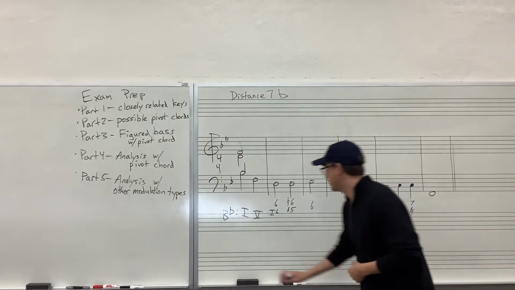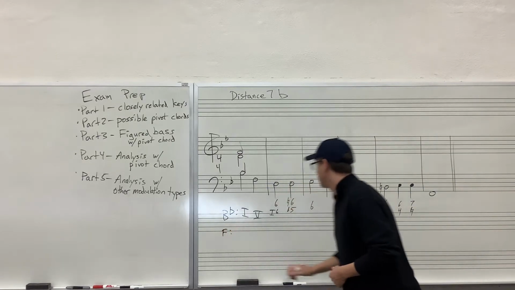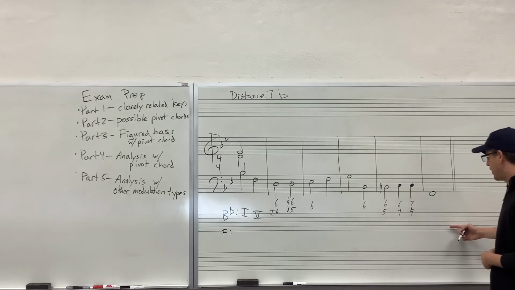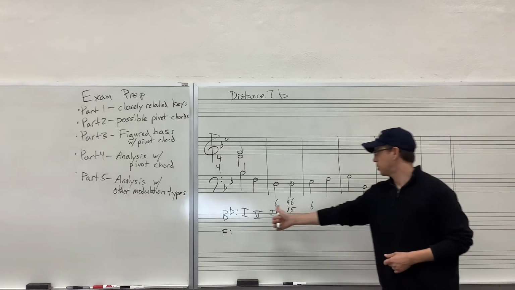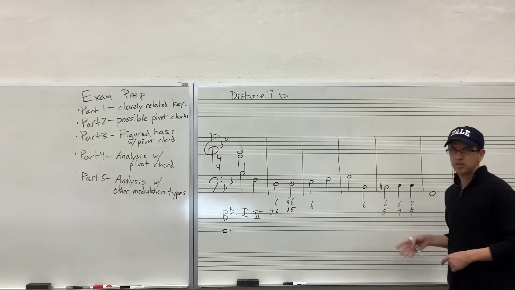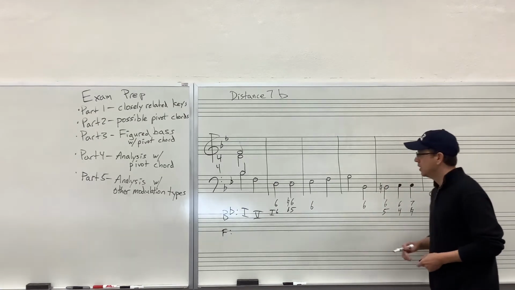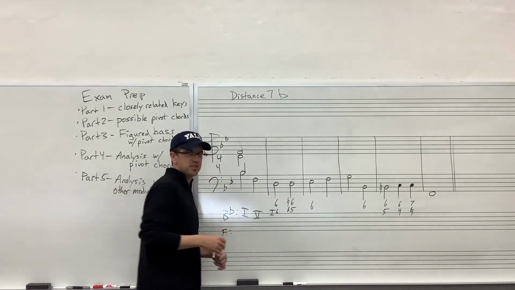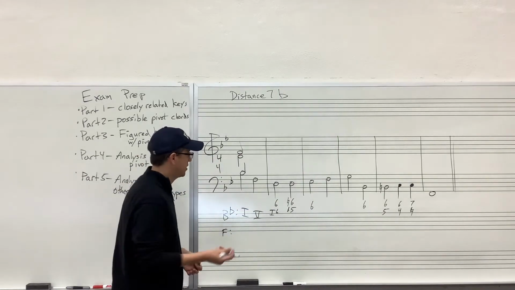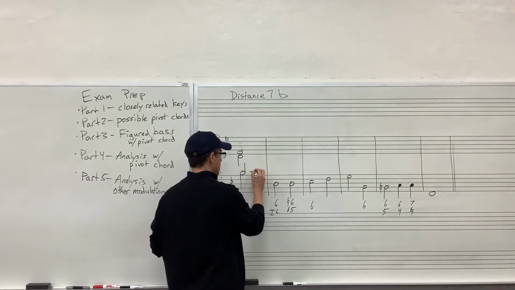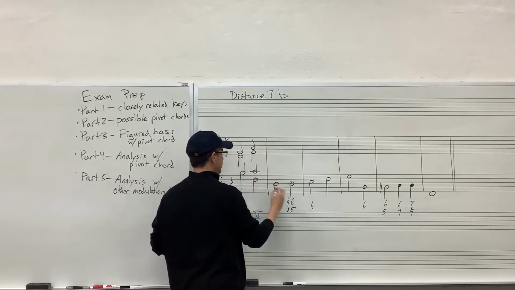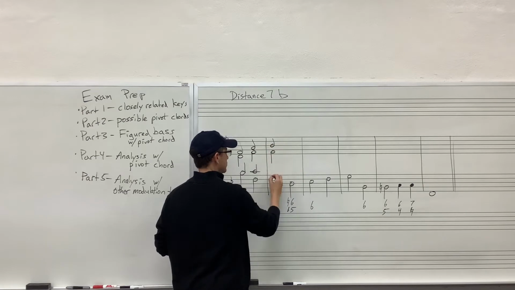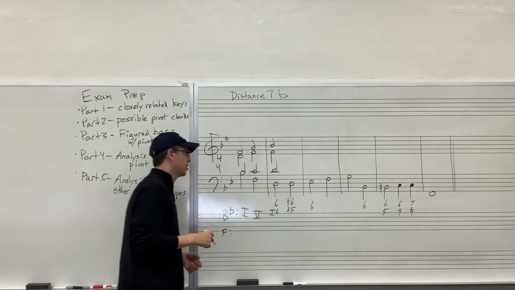So probably at some point we're going to be needing to go backwards in F major, forwards in B flat, and then find a pivot chord for those two keys. I'm going to go ahead and kind of go through some stuff fast that I don't think you'll need extra help on. I'm just going to go ahead and put in some. That looks good. All right.